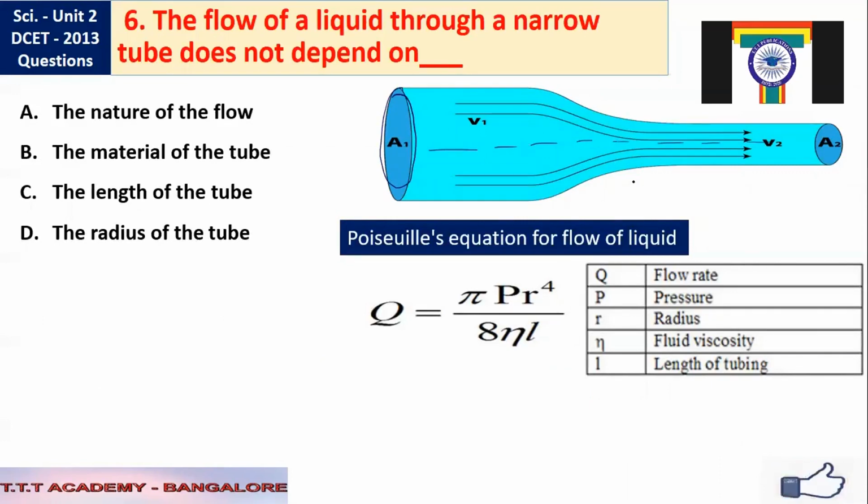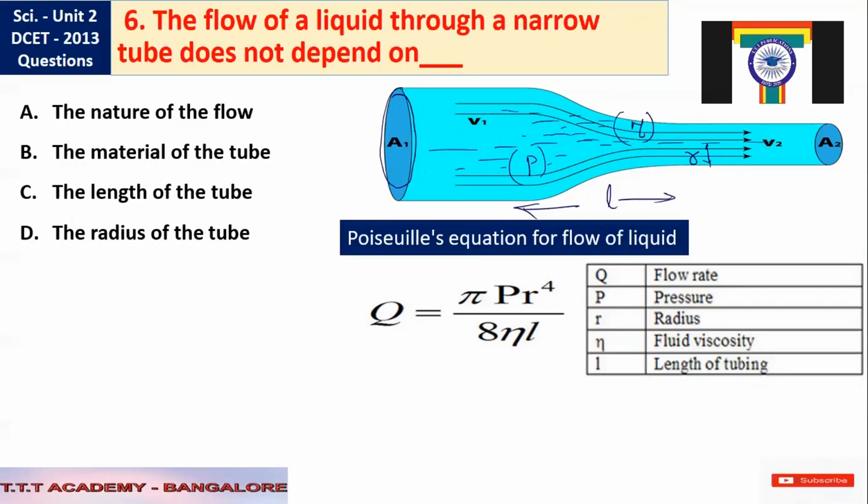The tube has a length L, and the liquid is flowing with a pressure P. The tube radius I consider as R, and the liquid flowing through it has a viscosity, which I'm going to express by the letter mu. So by observing all this, the flow of liquid through a narrow tube does not depend on.